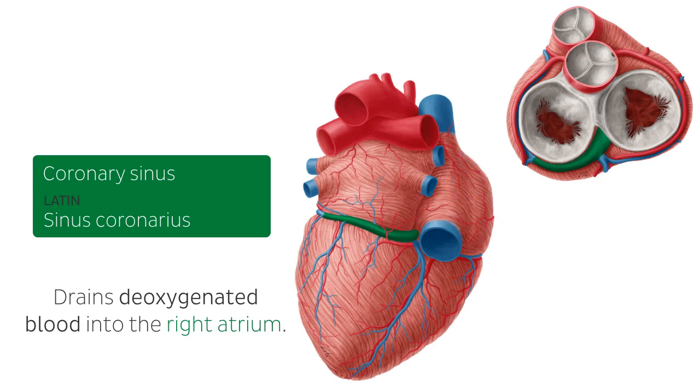It is a relatively wide vein, as you can see, and actually is, to be more specific, a collection of veins that will come together to form this large vein, the coronary sinus. And for that reason, it will be receiving blood from many veins that we're going to be covering in the next slides.